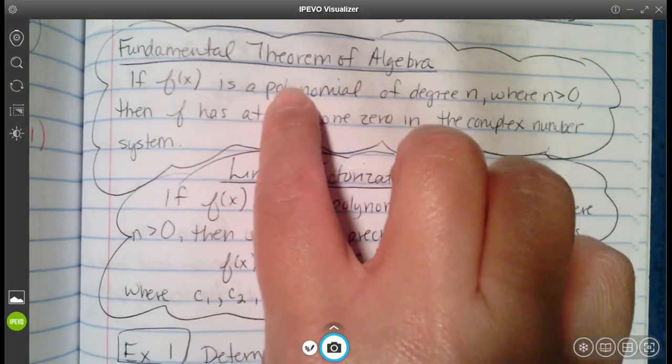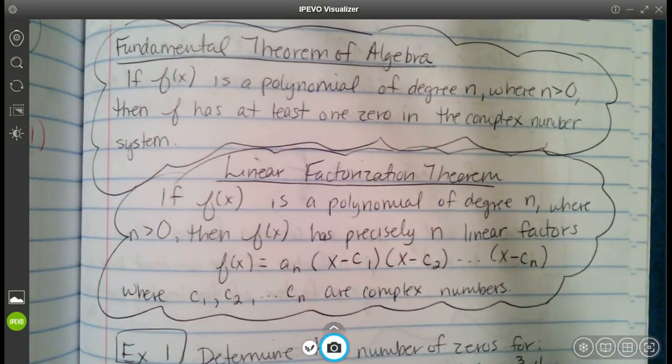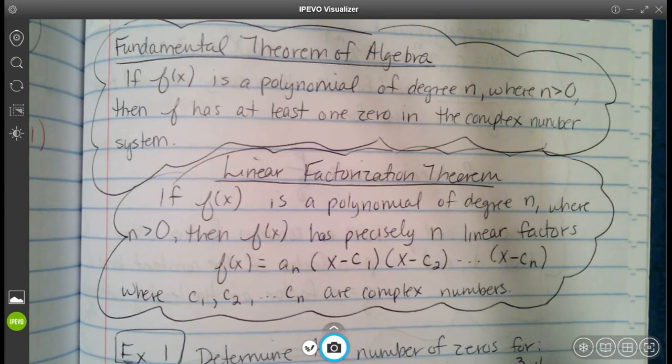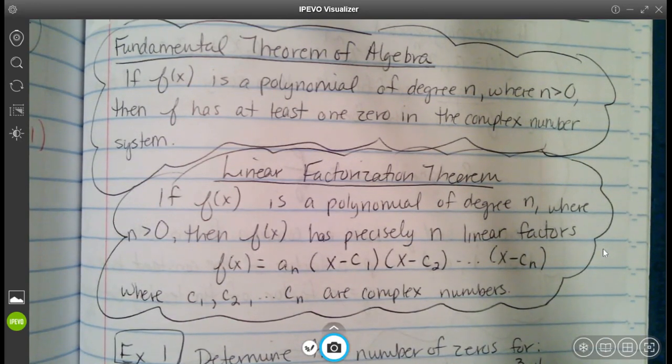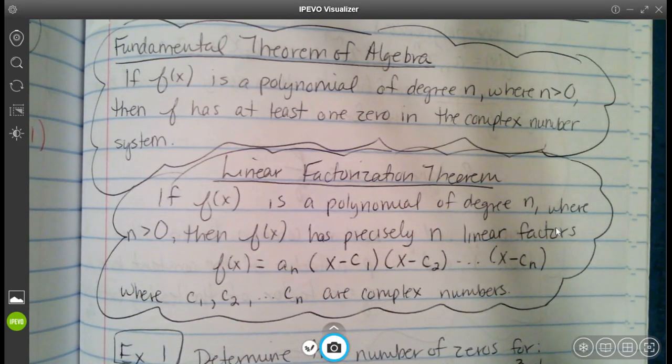This theorem relates right into the next one, which tells us that if f of x is a polynomial of degree n, where n is positive, then f of x has precisely n linear factors.